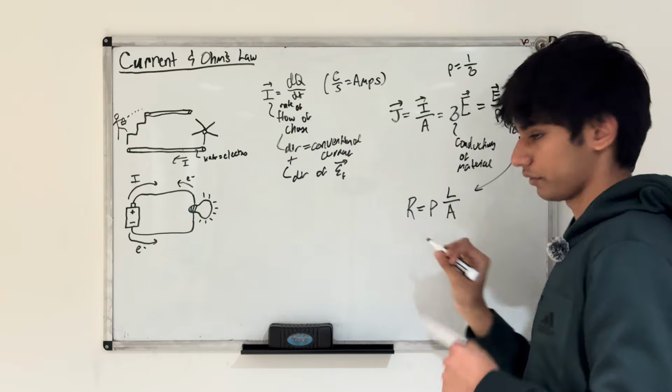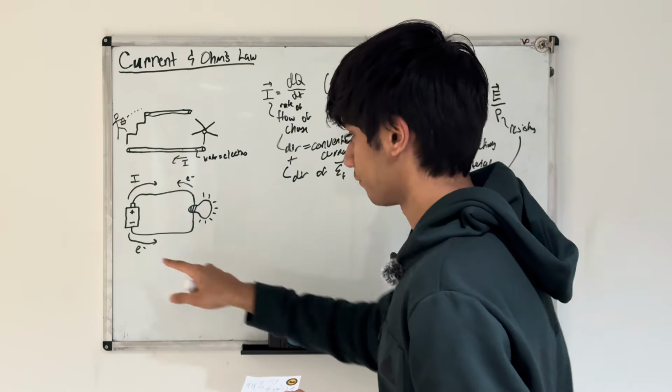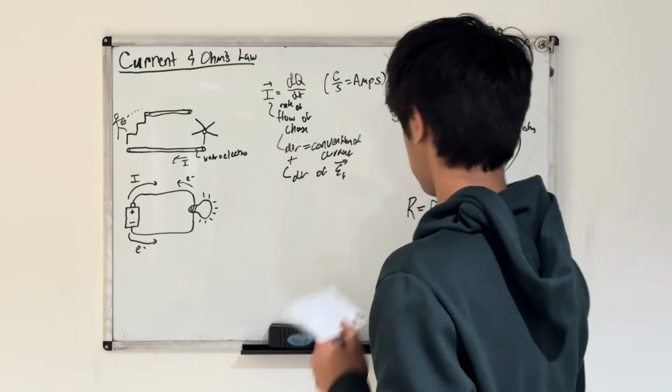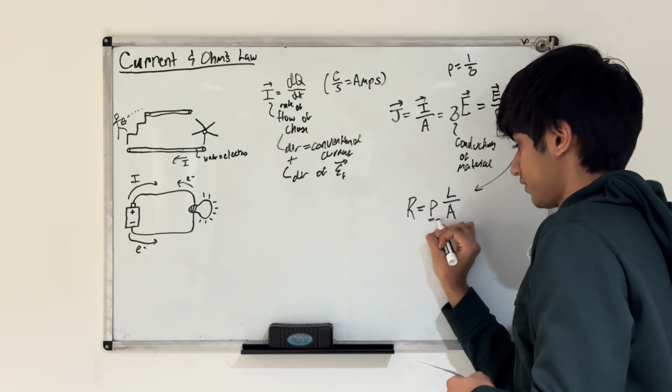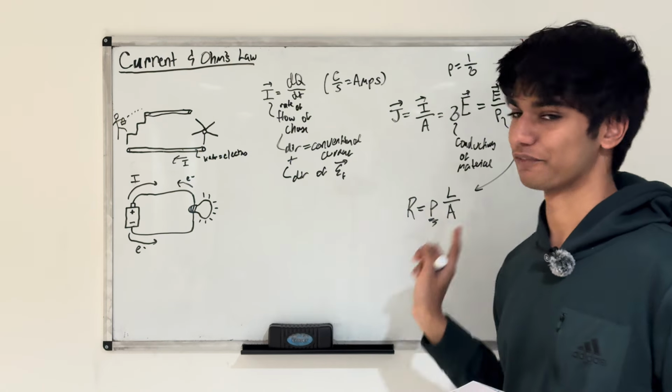This is called our formula for resistance. If we have a wire of length L and cross-sectional area A, there's going to be some resistance based on the resistivity, rho, of the material. Not P, sorry, I meant rho.